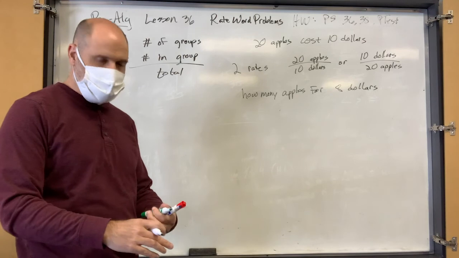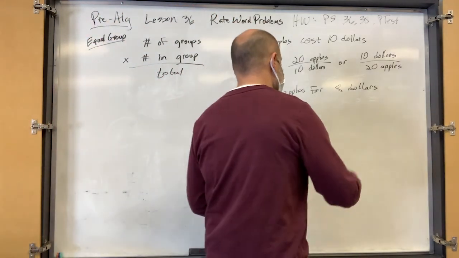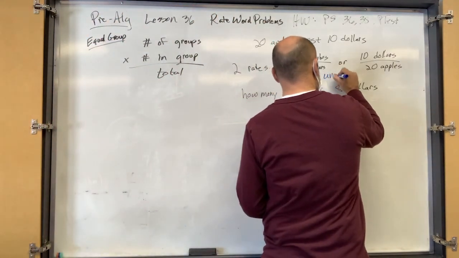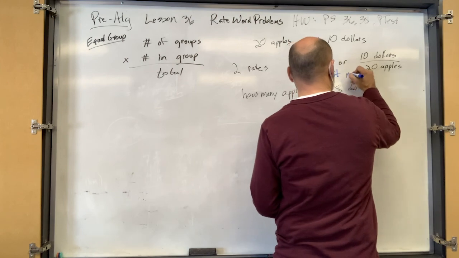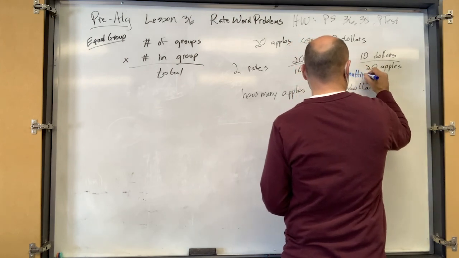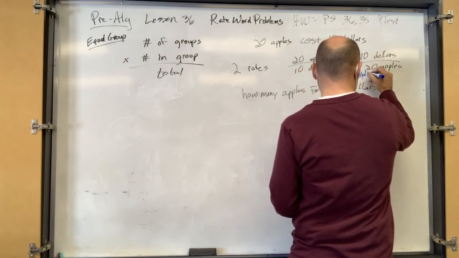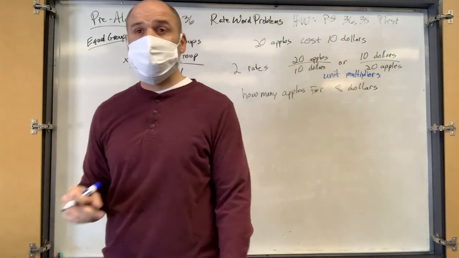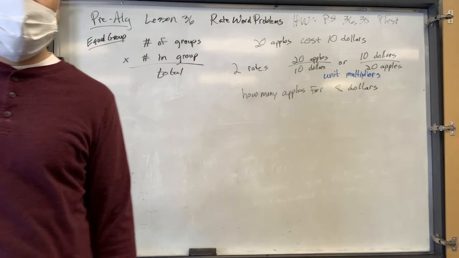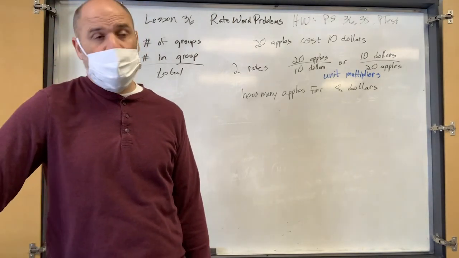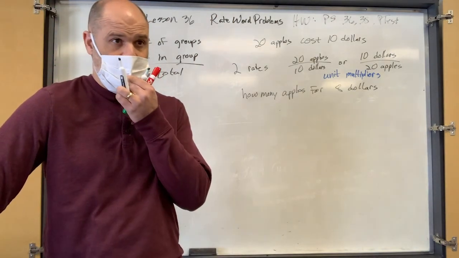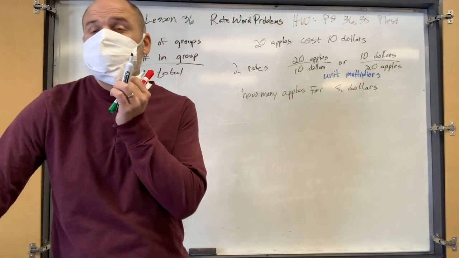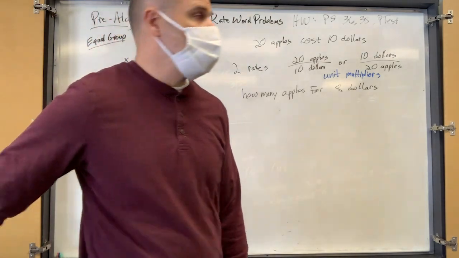Okay, now look at this. These are also called unit multipliers. Because look, in apple language, $10 is the same thing as 20 apples. So if you're an apple vendor, 20 apples equals $10, right? That's the same thing over the same thing. That's called a unit multiplier.